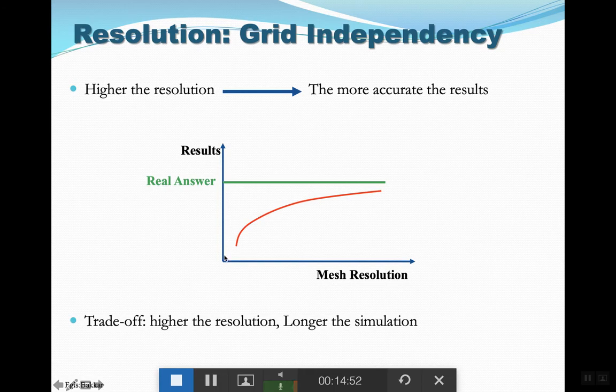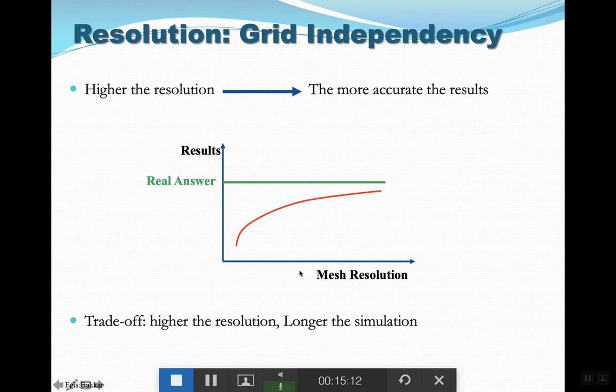Here you see the general concept of it. The green line is your real answer, the real-world physical answer to your solution, and it is constant, right? Because it doesn't recognize your mesh. It's not mesh dependent. It's just one physical answer, one velocity, one pressure, and so on. The red line is your simulation.